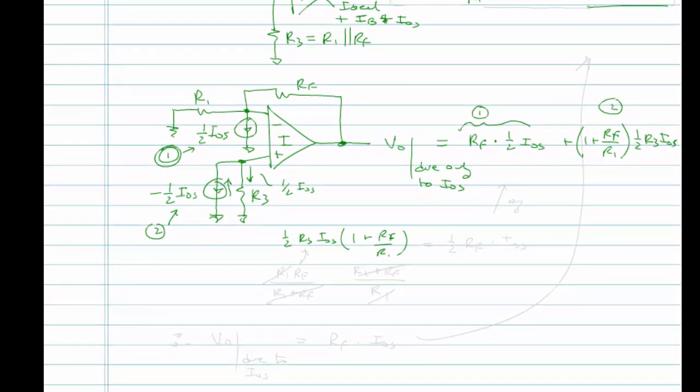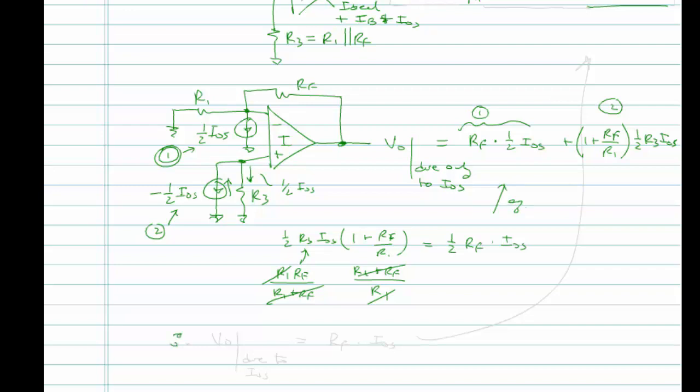Now I'm not satisfied with this form. Let's clean it up. So it's the second term I want to work on. This R3 is equal to R1 RF over R1 plus RF. This term here is R1 plus RF over R1, right? And then these cancel, and this cancels, and so what I end up with is 1/2 RF times IOS, which is the same term as I had for number 1.